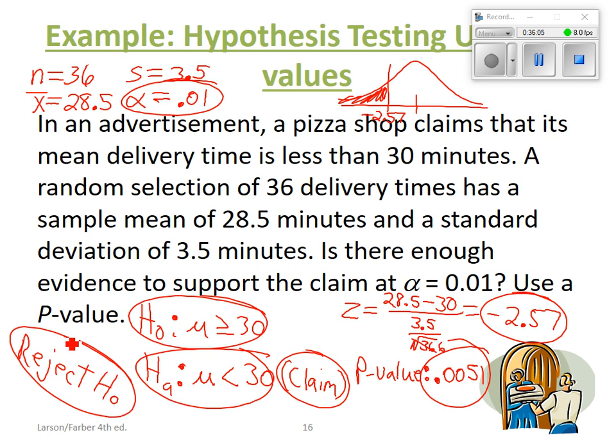So we do all that. Once we have that, we decide to reject the null.